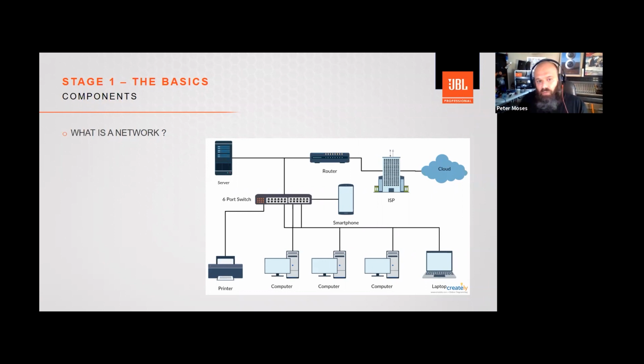Now, most networks do not discriminate between data. Data is data in terms of its size. Most switches have a bandwidth, a maximum amount of data they can push through. For the purposes of today's webinar, we're going to look at the 1 gig framework, the 1 gig switch.